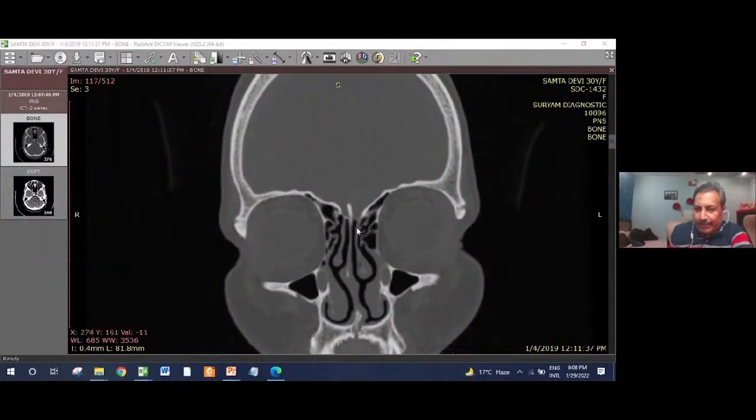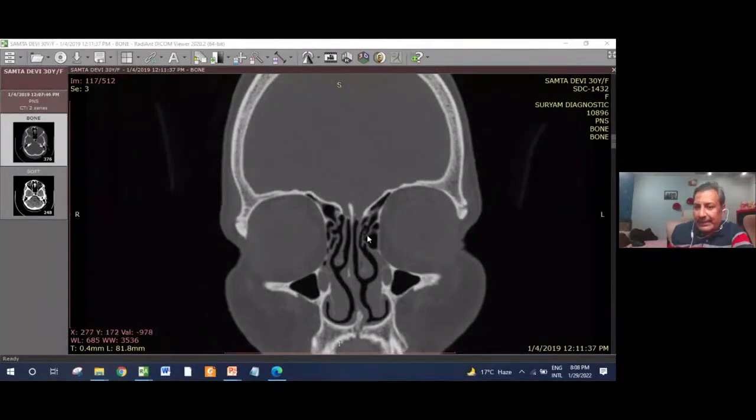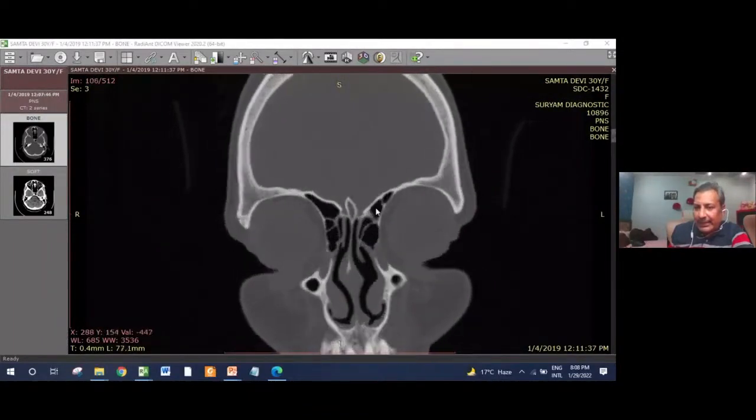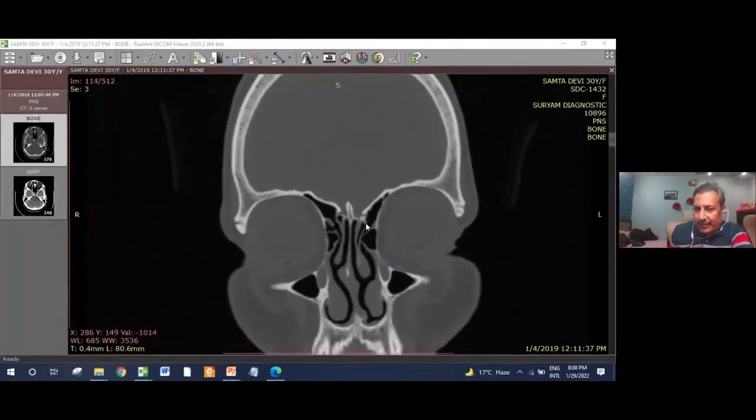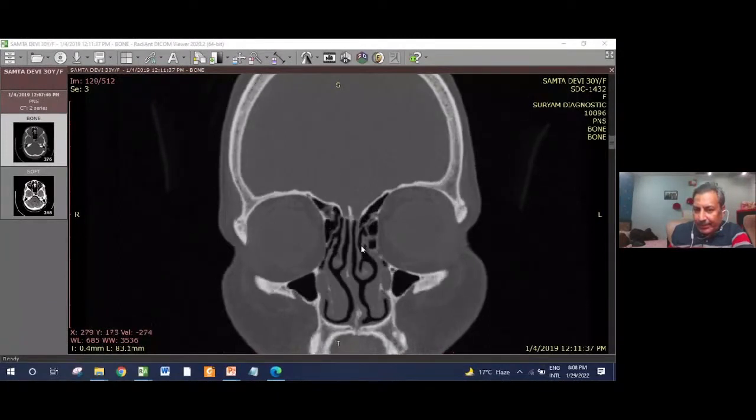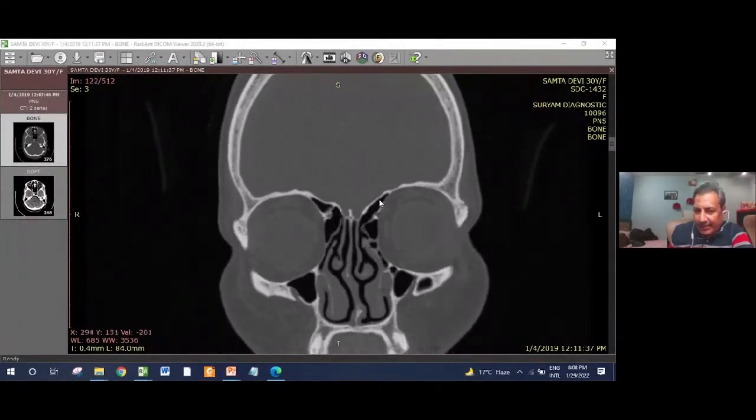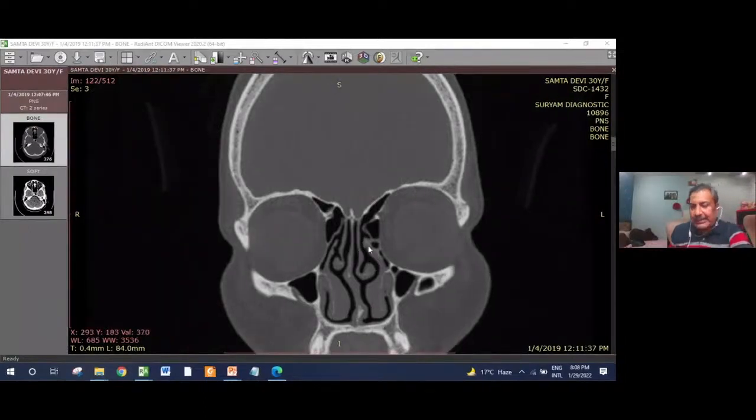This uncinate merges with the wall of the agger nasi, and gives the frontal sinus a medial drainage pathway. You see, in one plane, the entire frontal drainage pathway. That remains medial to the uncinate, which joins the agger nasi to insert on the lateral wall. That is the commonest drainage pathway of the frontal sinus. That is the favorable one.